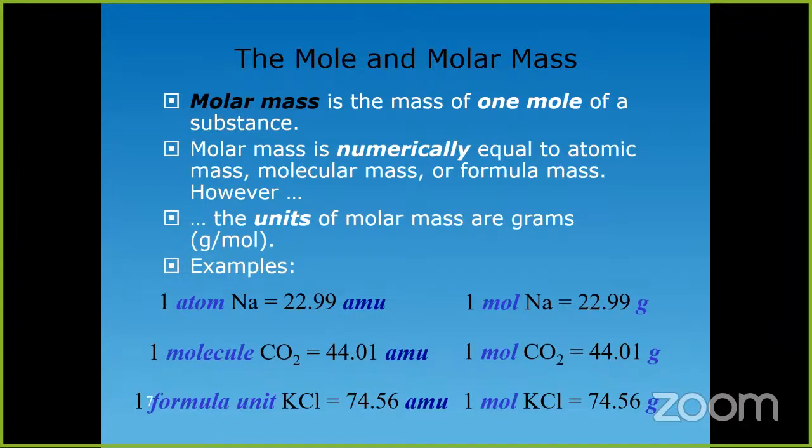And then we have a formula unit example. In the case of potassium chloride, well, in this case, it would be the formula mass of potassium chloride is 74.56 AMU, but the molar mass is 74.56 grams per mole. So that's basically the relationship between the molar mass and the atomic mass, molecular mass, or formula mass, right? It's all about the units pretty much in terms of the difference, but numerically they're the same.